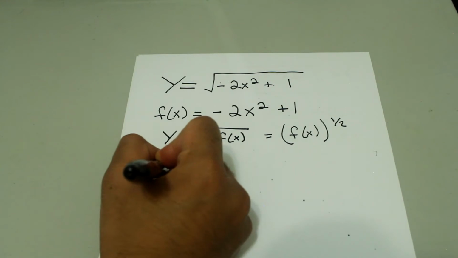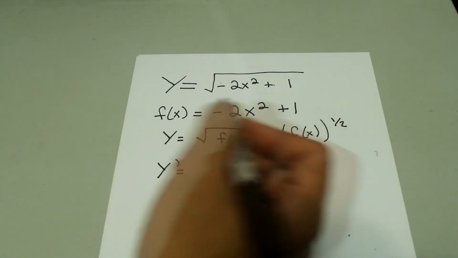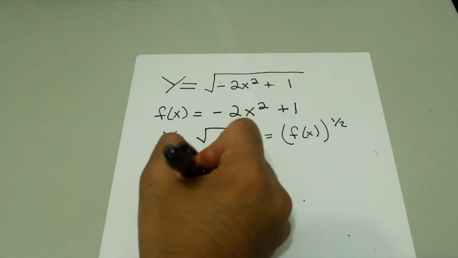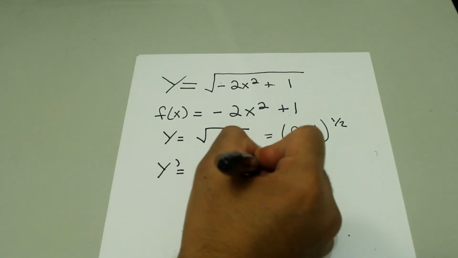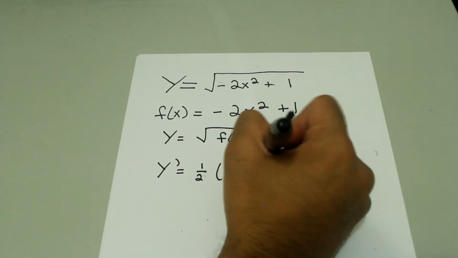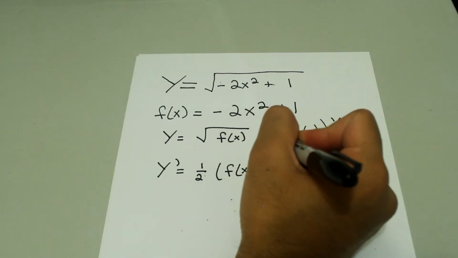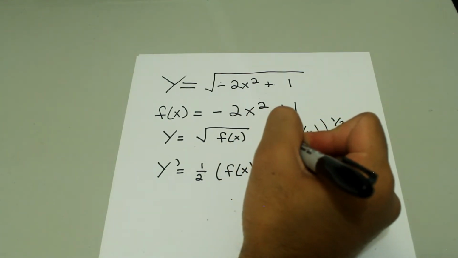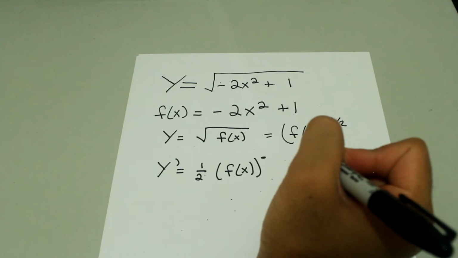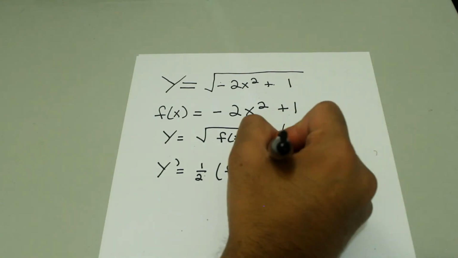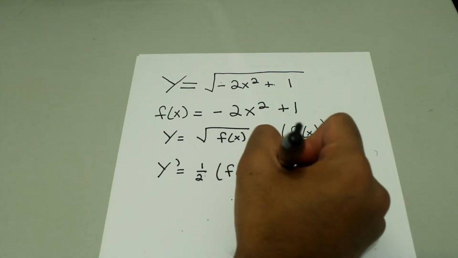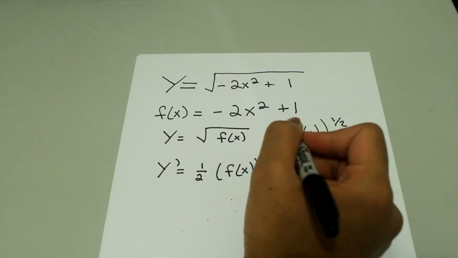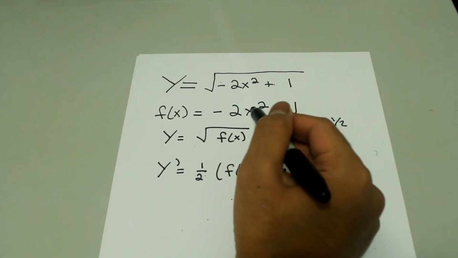So y prime is equal to, bring the half down as a coefficient, half f of x raised to the negative half power, and then multiply this by the derivative of f.